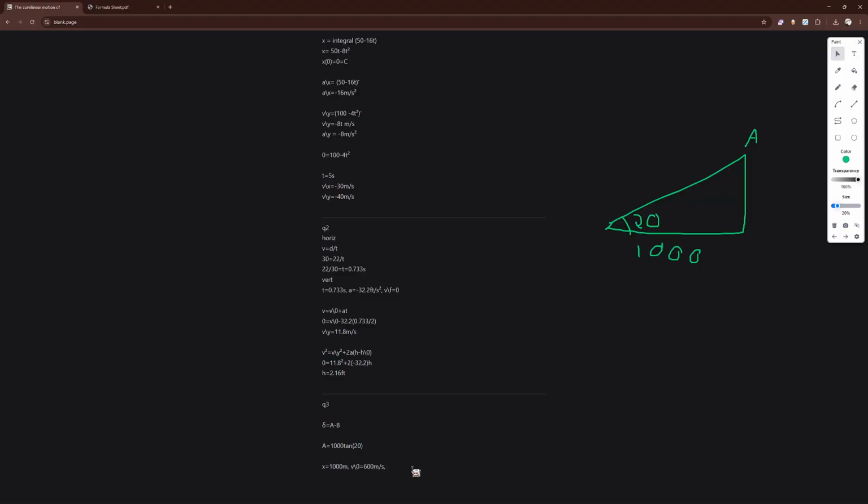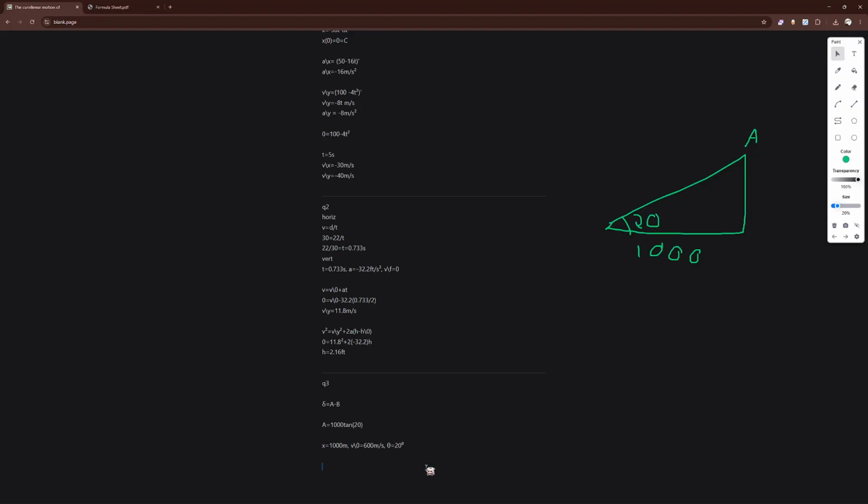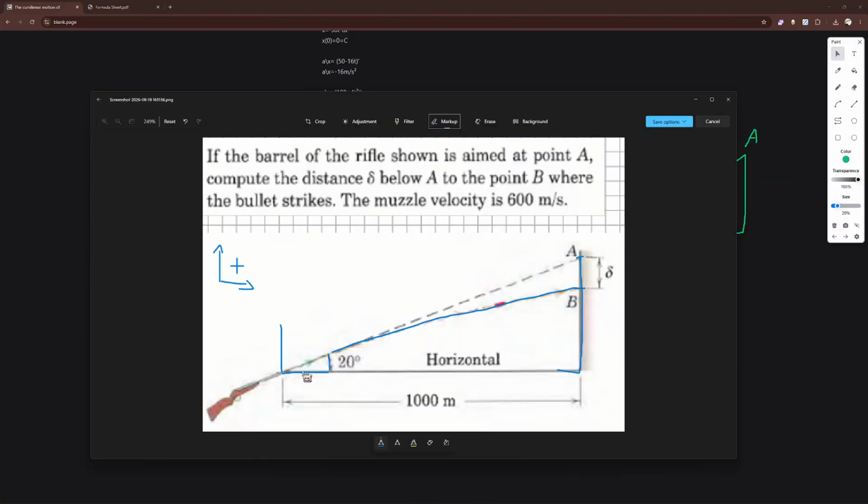And we know that we have theta equals 20 degrees. Anyways, so now we just need to calculate using trig again, because initially, as we've seen here, initially this is a triangle.